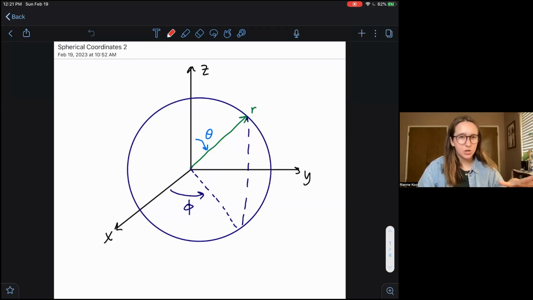In this case, I decided to draw a sphere next to it so that you can see how this works. Again, we have our radius that goes from the origin to some point right here. And theta is a measurement of how far away that point is from the z-axis, starting from the positive direction going to the negative z-axis.